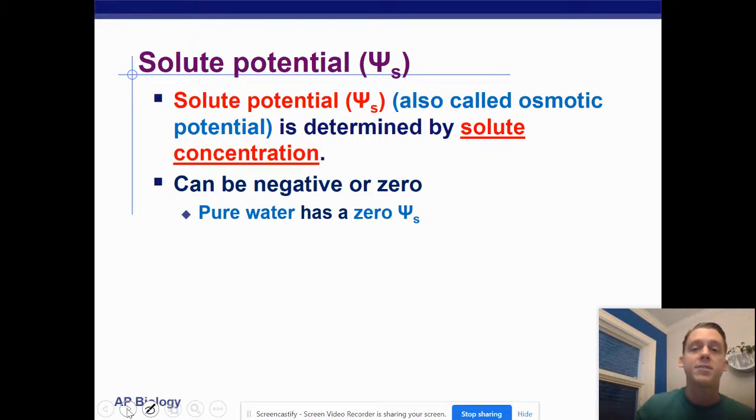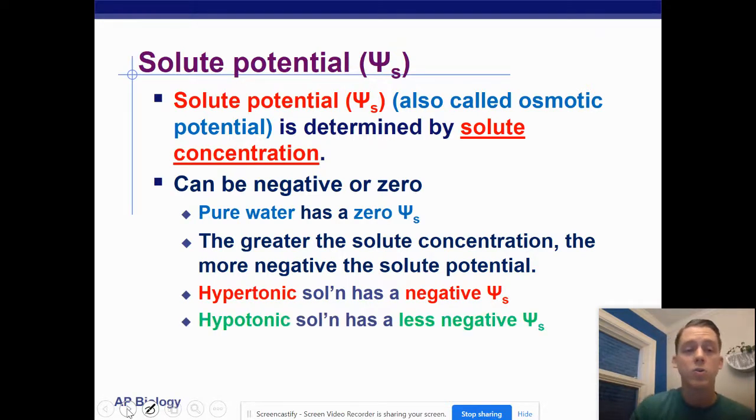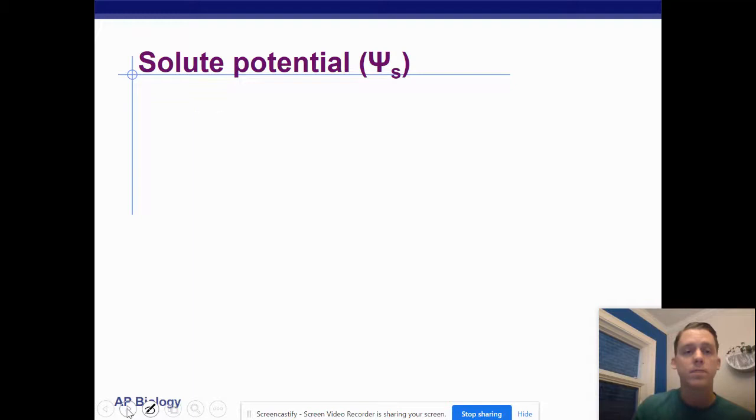Pure water has zero solute potential, and the more solute you add, the more negative the solute potential becomes. So a very hypertonic solution has a very negative solute potential. A hypotonic solution has a less negative, but still negative, solute potential. And if it's pure water, it has zero solute potential.